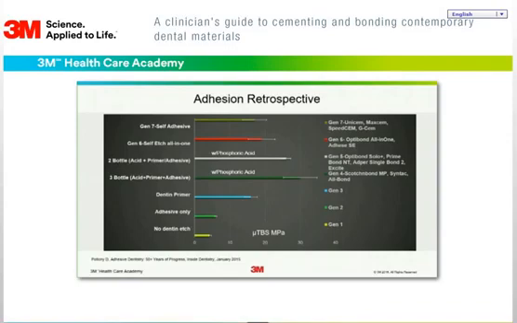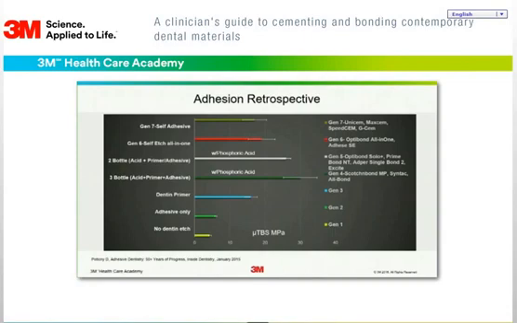And arguably, if you look at this chart here, and this is a compilation of a number of published studies that are out there, when you look at the tensile bond strengths of various classes of materials, most of us are familiar with this generational approach towards things. For instance, the generation 4 products involving the three-bottle system. You had an acid, you had the primer, and you had the adhesive.